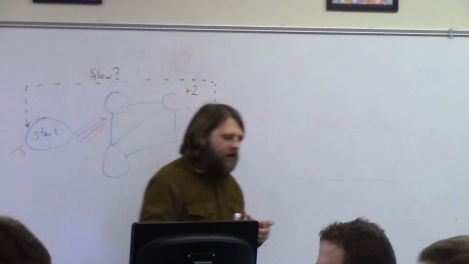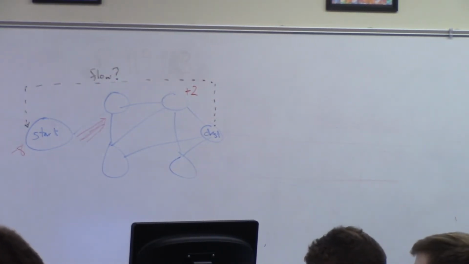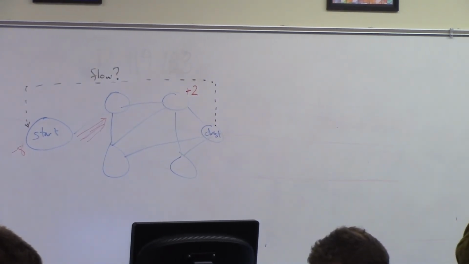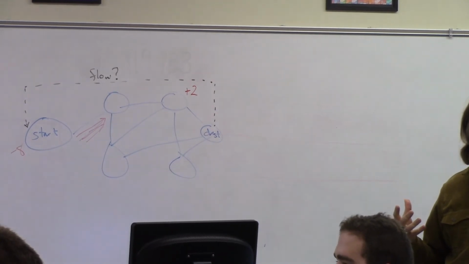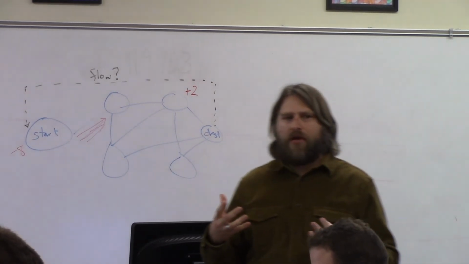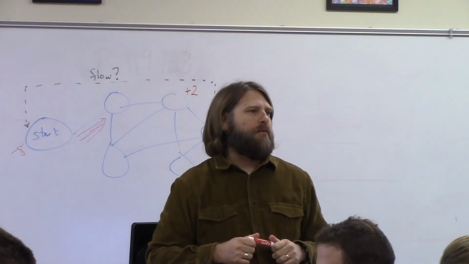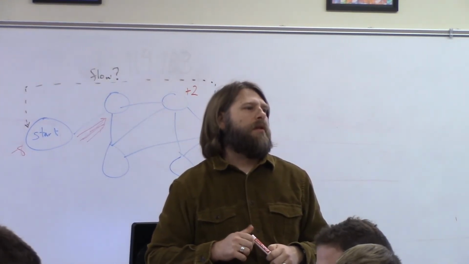Okay, so let's think about what we want to do. English objective. What do we want to do when we redistribute these cars? What's our objective? Yeah. Minimize our places where we have less than we need.